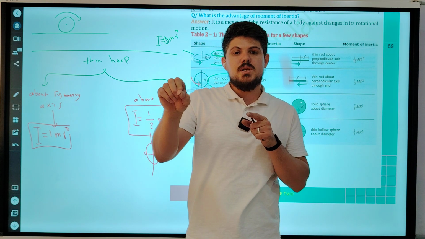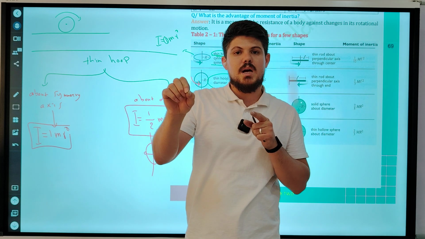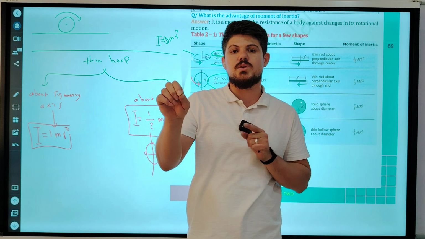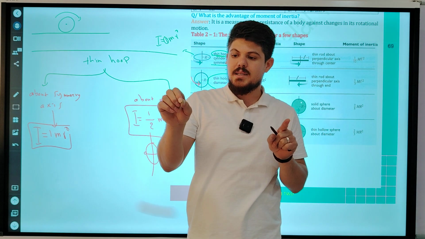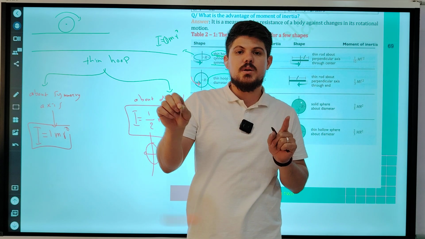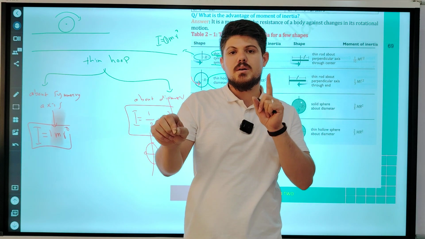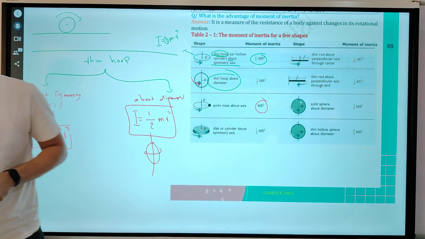What is the moment of inertia for this ball when it is tied at the end of the string, or fixed at the end of the string? This ball has a moment of inertia, and this moment of inertia is equal to 1 mr squared, such as a thin hoop, okay?